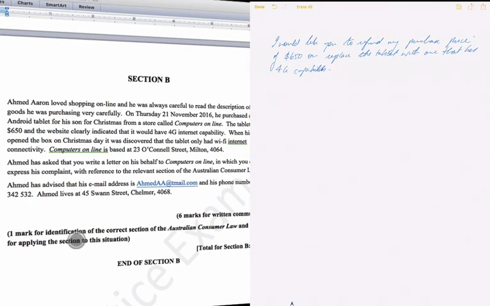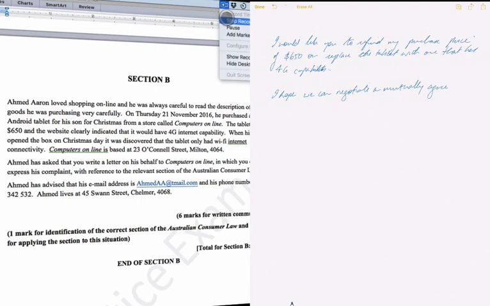The next thing that we want to do is say, well, what are we going to do if that doesn't happen? I hope we can negotiate a mutually agreeable solution.